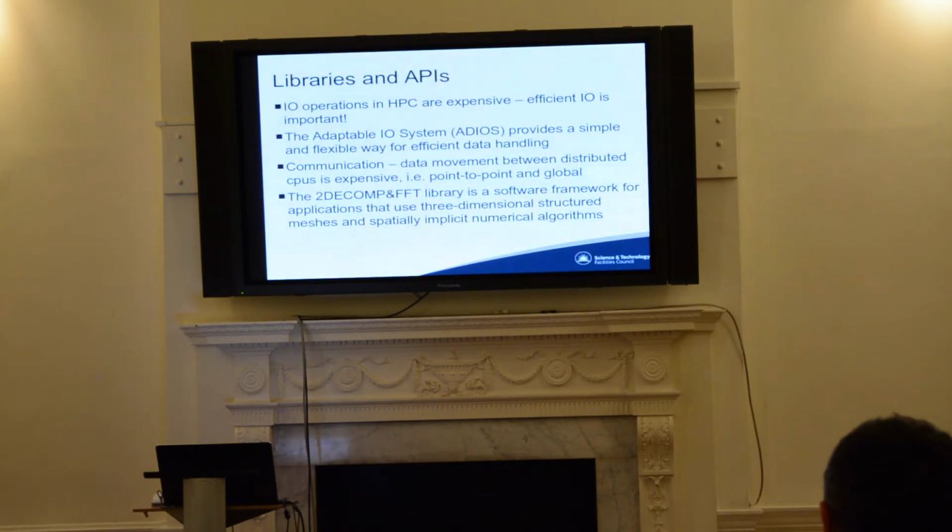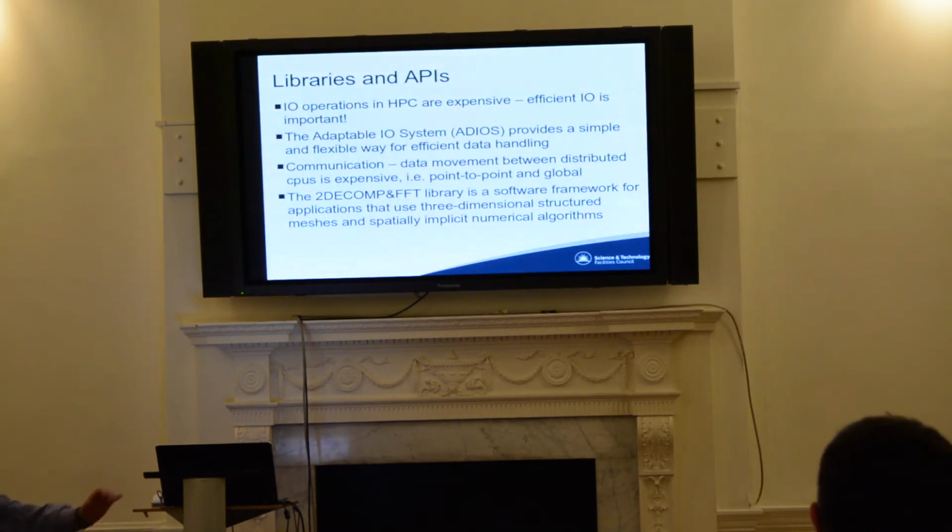And you may have different dimensional Fourier transforms, and to do that it can get quite complicated. So the 2DComp and FFT library enables the user to look at the communication and the handling of that at a very high level. So it makes it much easier for them to do in an efficient and an easy way.